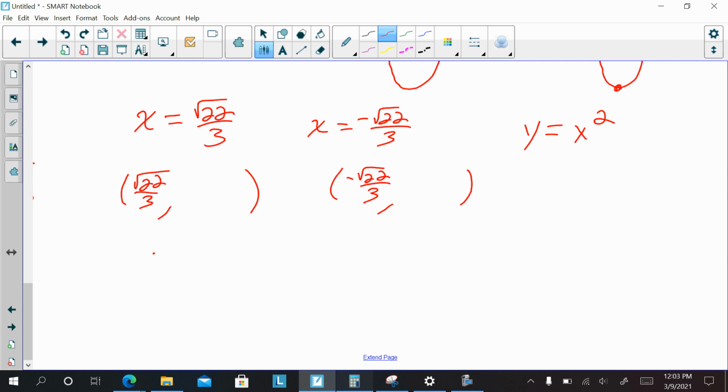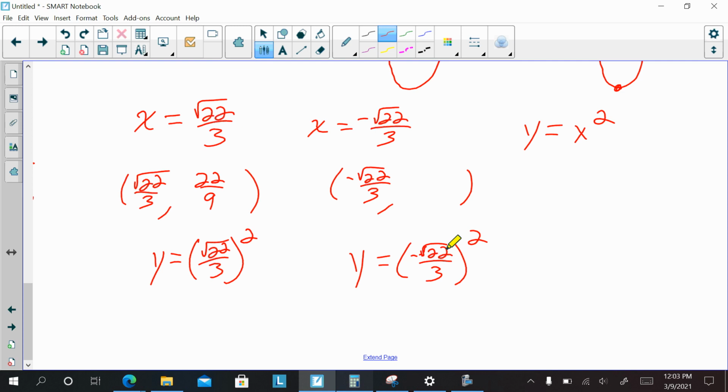So our y value is the square root of 22 over 3 all squared. So square the top, square the bottom. Same thing over here. The y value is negative root 22 over 3 all squared. So negative root 22, negative times negative is positive, square root squared over 3 squared.